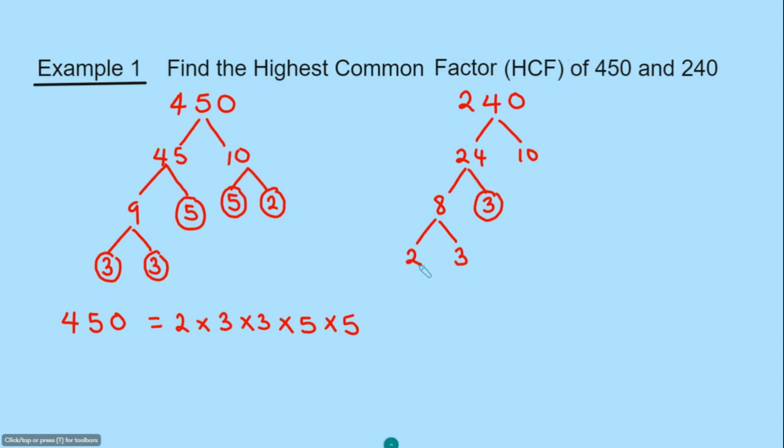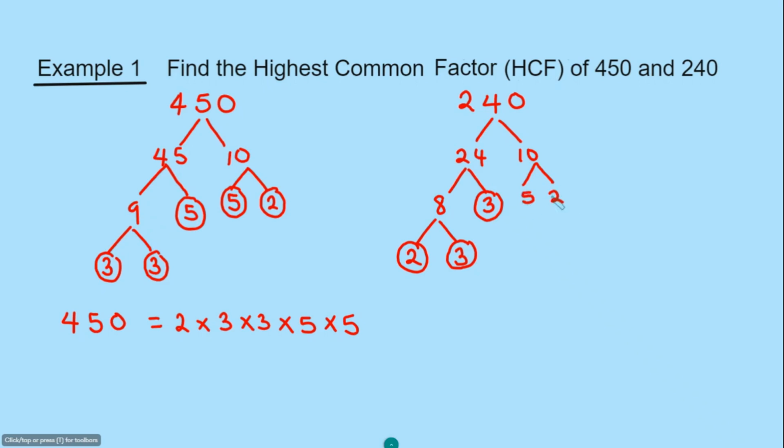You can see that 2 and 3 are prime numbers, so you put them in a circle. Now over to 10, because we haven't split up 10 yet. If I split up 10 here, I'm going to have 5 and 2.